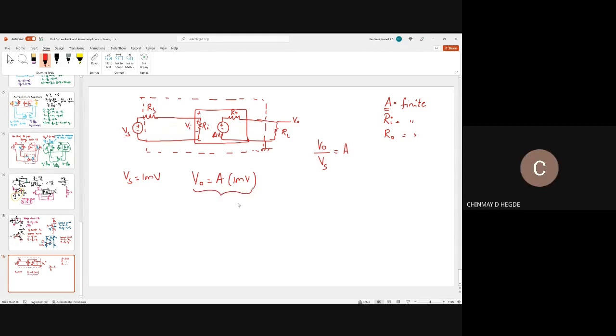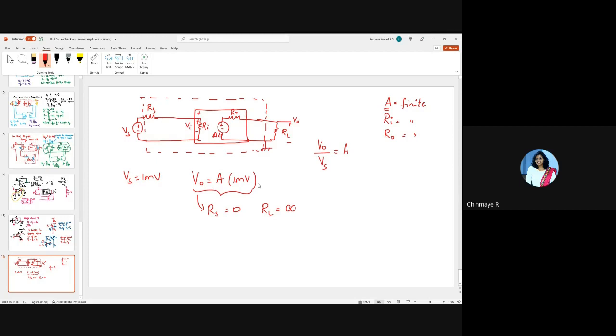So can you tell me in what case this will hold good? When Rs is equal to 0. Correct. So this will hold good when Rs is equal to 0 and RL is equal to infinite. When Rs is 0, the entire Vs will fall across Ri, and that will get amplified. When RL is infinite, you can take this entire amplified voltage across these two terminals, and then V0 is equal to A times 1 millivolt.